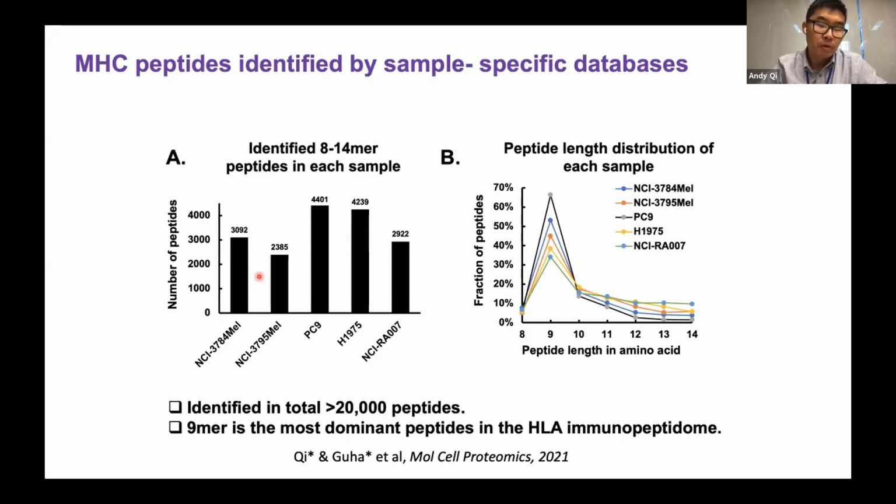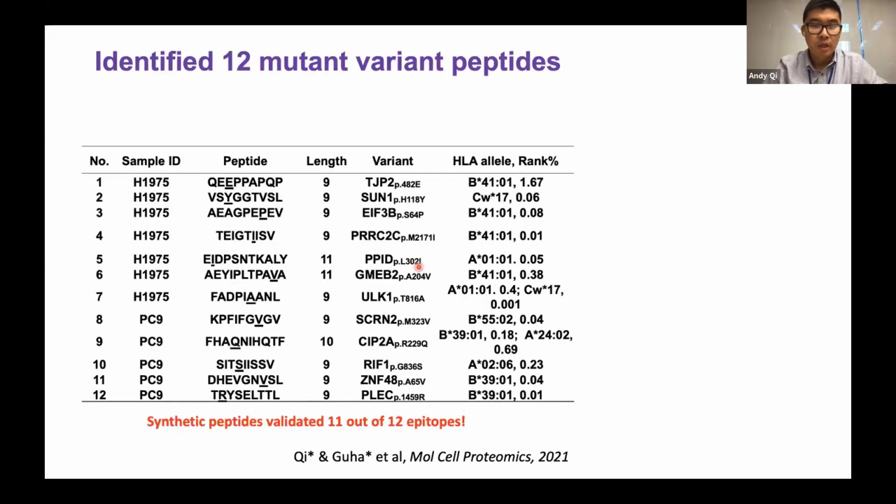We were able to identify more than 20,000 peptides, and as expected, 9-mer is the most dominant peptide in the entire immunopeptidome, which gives us higher confidence. Also, we did motif analysis, and they are all aligned with the known alleles. Then we were able to find 12 mutant variant peptides from 2 EGFR mutant lung carcinoma cell lines.